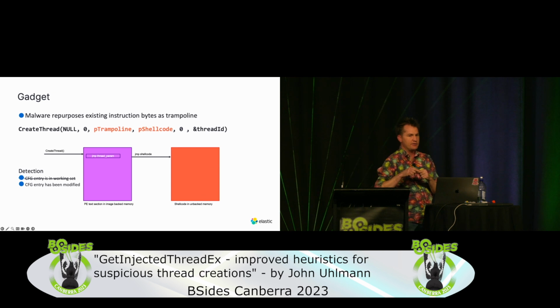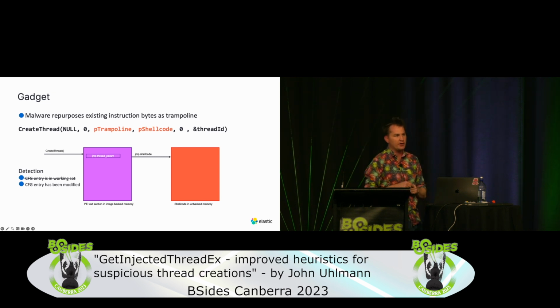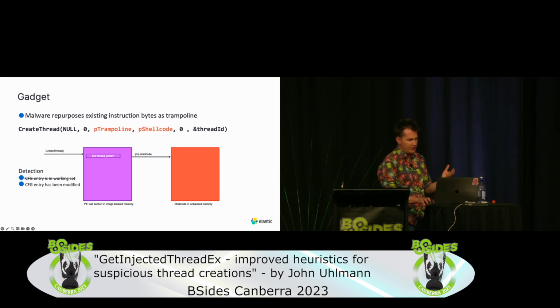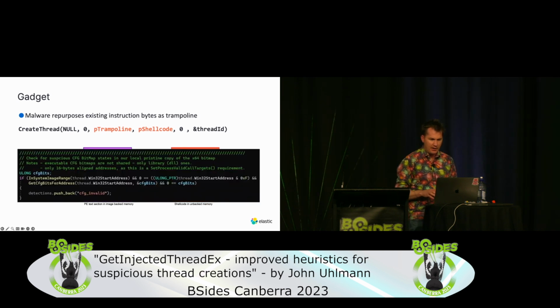Well, that's clean, and it's really quick just to do a little bit of bit arithmetic to say, where in the CFG bitmap in my process are the bits that correspond to that address, and what is the original valid one. So all we need to do is find the CFG bitmap.